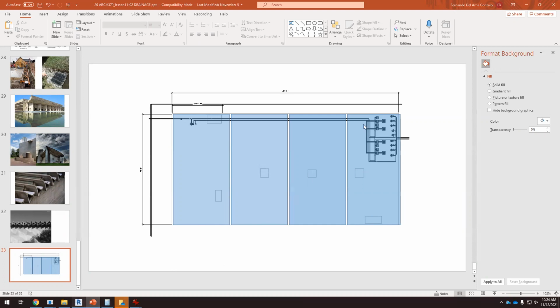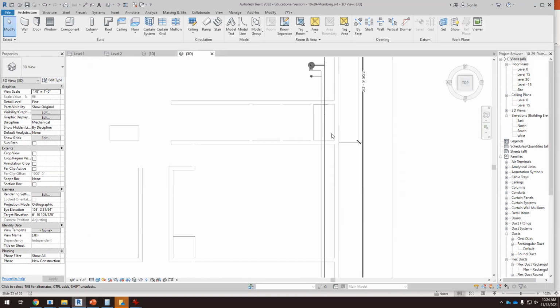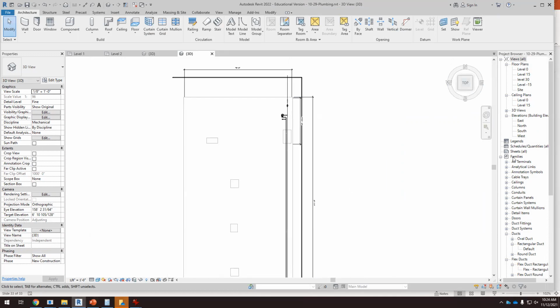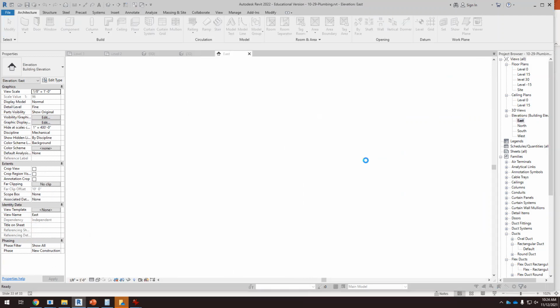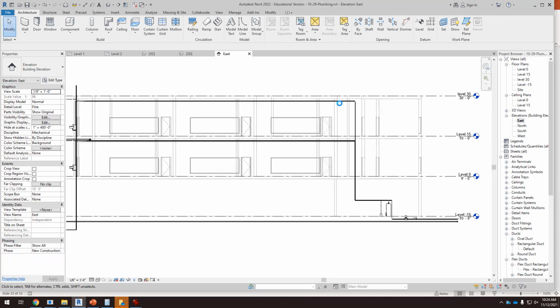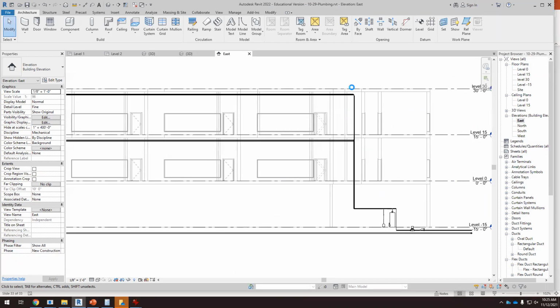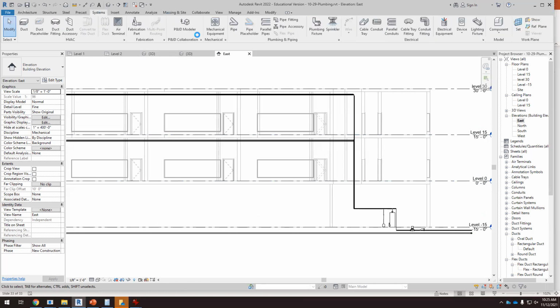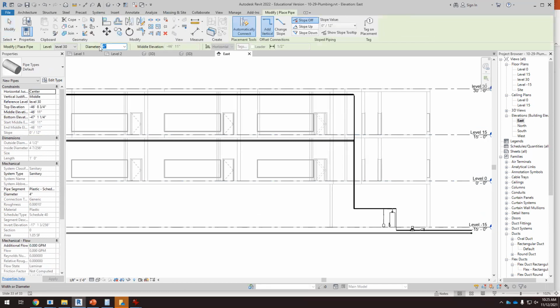If we are on the Revit file now, I'm going to place a vertical pipe here, so I can go to systems. Well, I'll go to the east elevation. Okay, and on the east elevation, this is the first shaft. So I'm going to go to systems, pipe. I'm going to use a 4-inch pipe, because this is what I have decided.